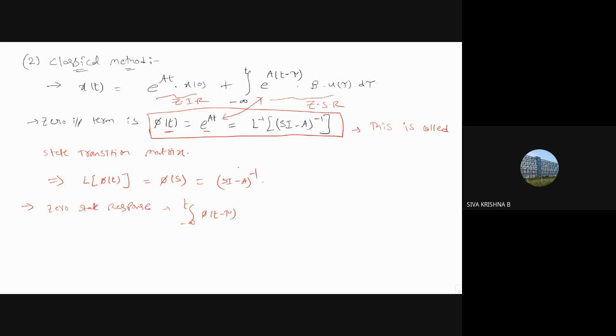So you will get phi of (t minus tau) into B into u of tau d tau. In terms of L inverse, the L inverse of this is replaced by phi of s. Everything I am replacing with phi of s, into B into U of s.